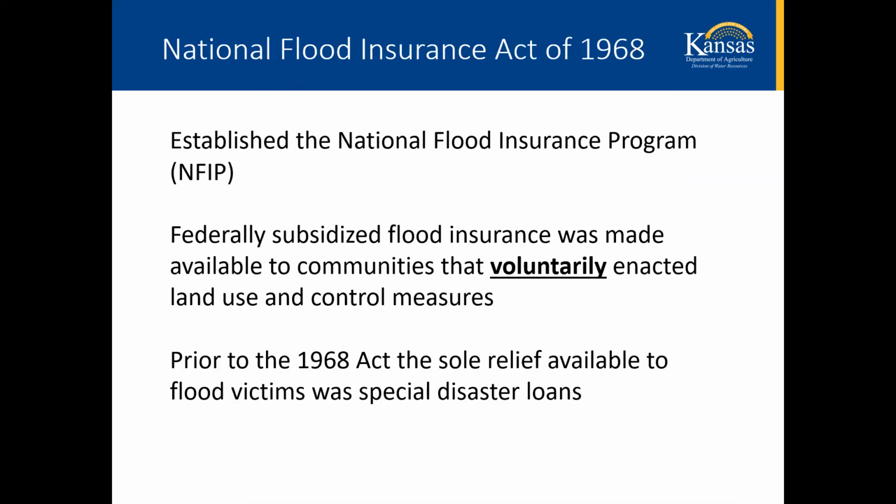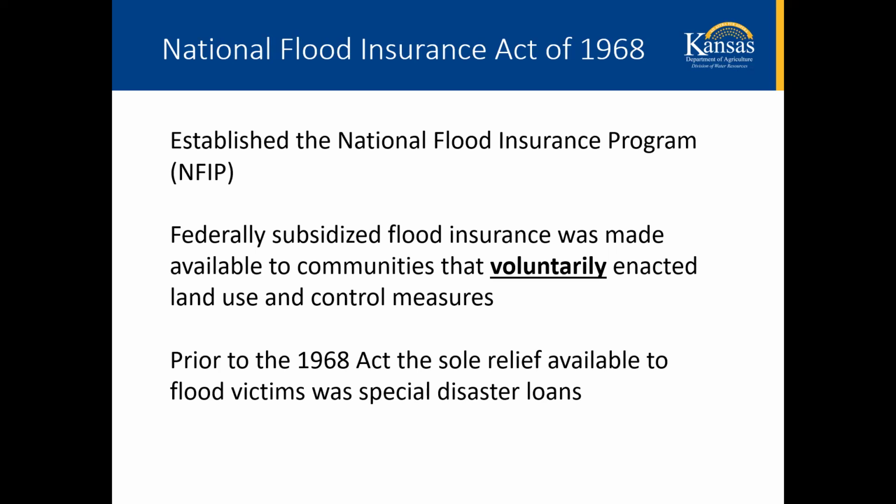And so the National Flood Insurance Act, as I said, was established in 1968. And so it is a federally subsidized flood insurance program, basically, that was made to make insurance available to communities that voluntarily enacted these land use and control measures.